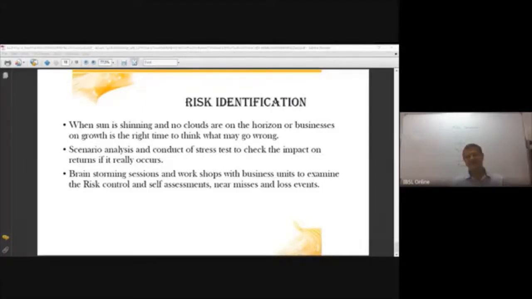If you have heard of this word called Basel, Basel is actually a township in Switzerland, where a team of World Bank representatives met, and they found that they need to have one unique formula for how banks can be managed without upsetting the financial system in that particular country.